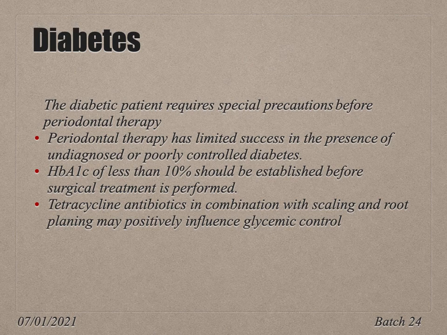So periodontal treatment can improve glycemic levels, and control of the glycemic level can improve periodontal disease status also. Both positively impact each other. If one gets treated, the other will get treated.